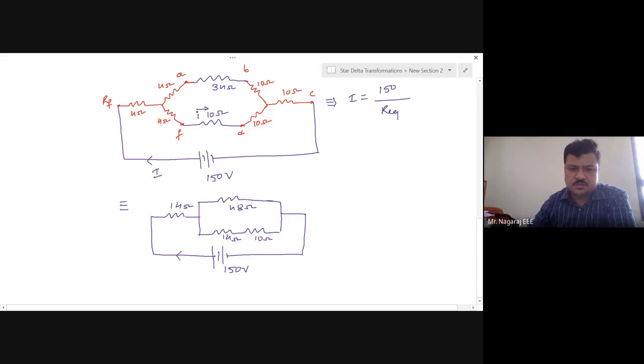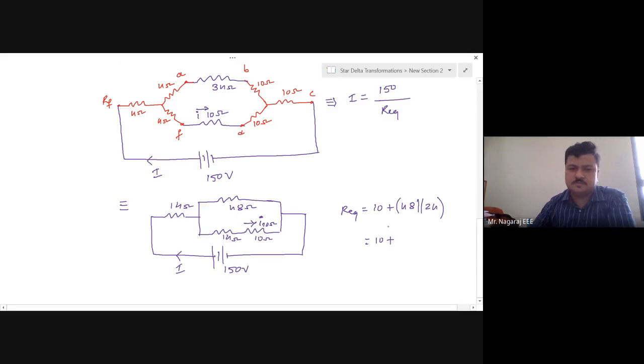Now this is the main current I, and this is the current flowing in 10 ohms, or if you want, you can take I 10 ohms. So the main current I is equal to 150 by R equivalent. What is R equivalent? R equivalent is 10 plus, 48 parallel 24.